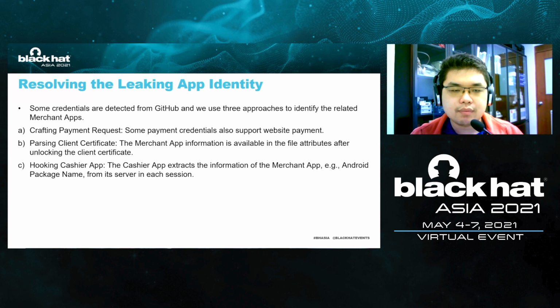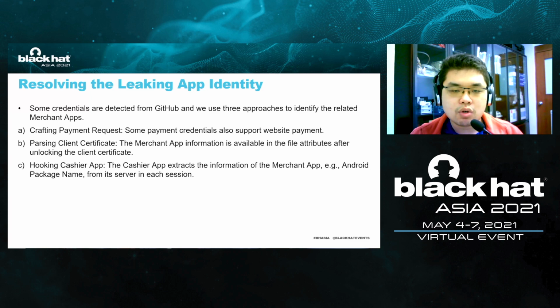We automate this approach and have identified around 1,500 apps. On the other hand, the client certificates are usually leaked along with the related payment keys in Cashier 2. Besides, the APK information is available after we unlock the client certificates. We automate this approach and have identified around 3,000 leaking merchant apps.